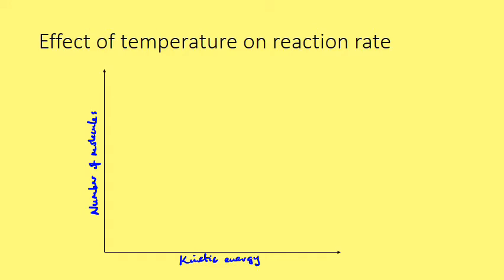And we have a small number of molecules at low kinetic energy and a small number at high kinetic energy, and most of the molecules have a medium amount of kinetic energy, so that's why we get that graph with a peak in the middle that starts off in the origin.